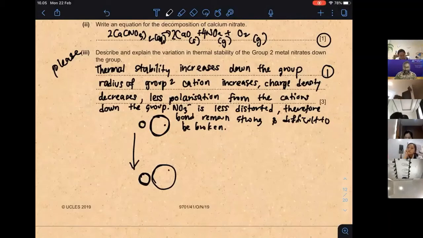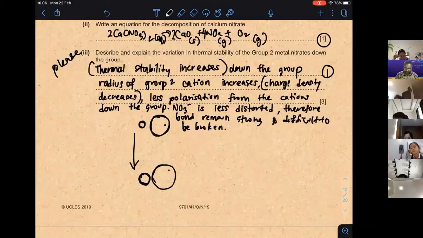So here, what are the things that you must write? Thermal stability increases. You need to mention any of these two, radius or charge density. Let's say I'm focused on charge density. That's 1 mark. And then you need to mention less polarization or less distorted.